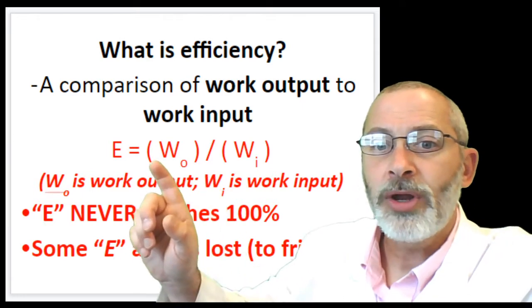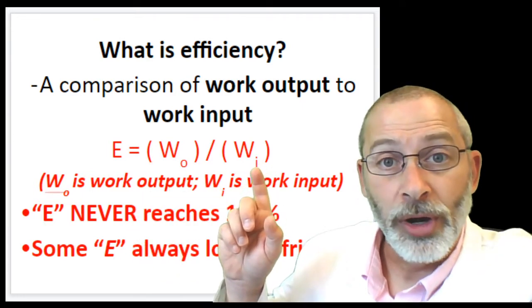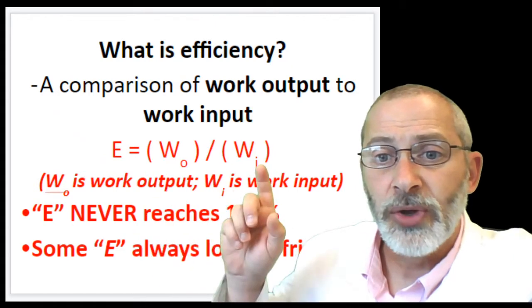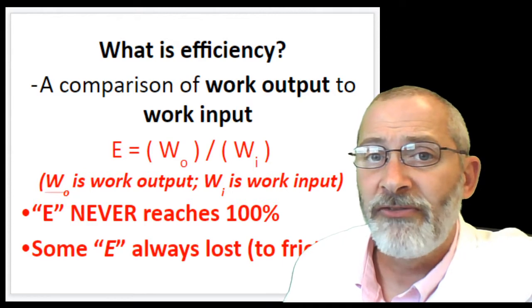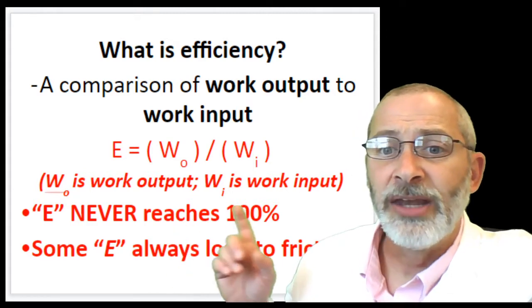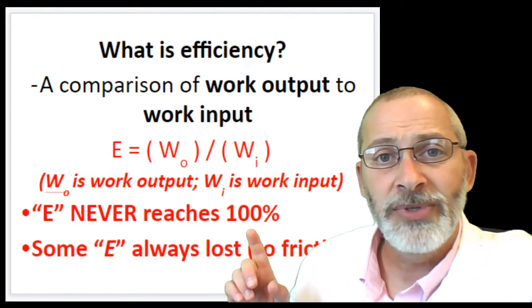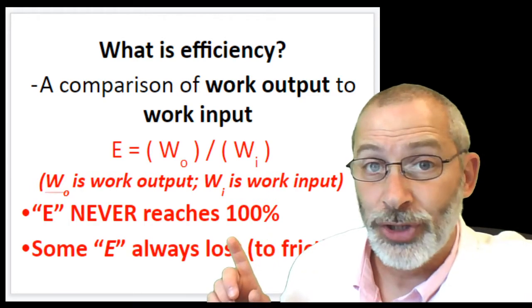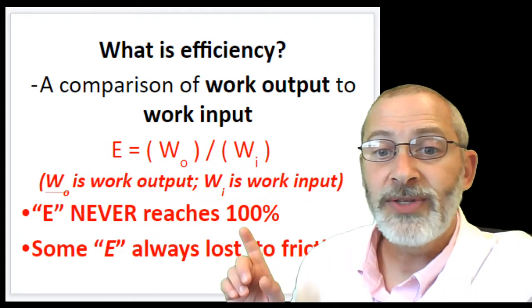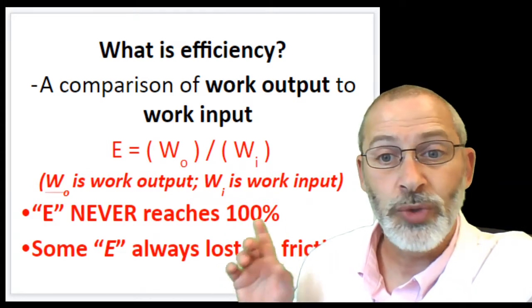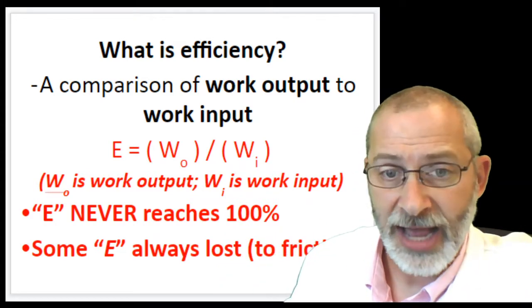You're taking work and dividing it by work. And so as a result, the units cancel out and you just get a numerical value for efficiency, and we express it in terms of a percentage. So efficiency is always expressed as a percentage with no units attached.